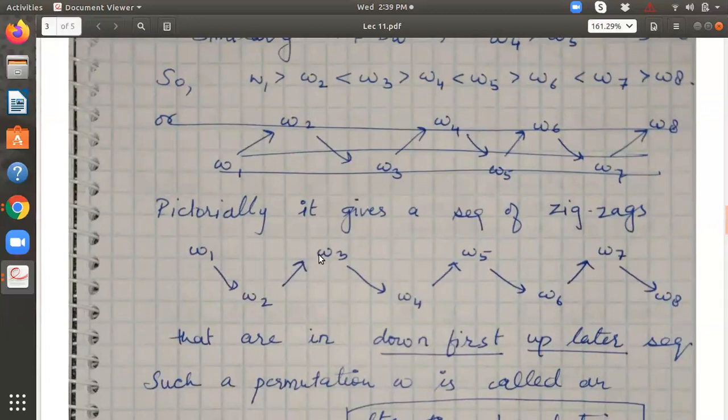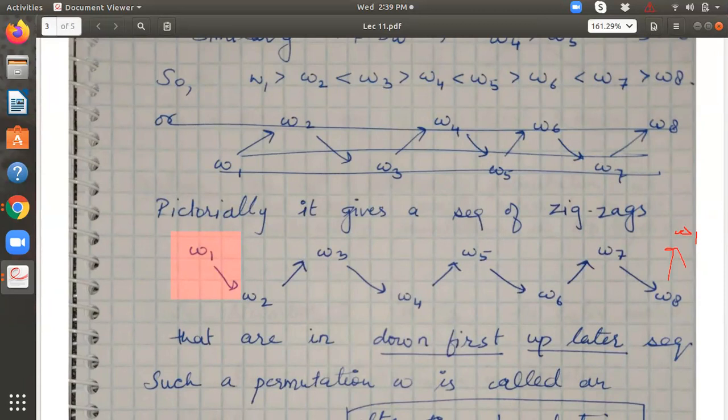So instead of this, let's say I forget about this piece, and I put W1 here, so then it's a sequence starting from W2.